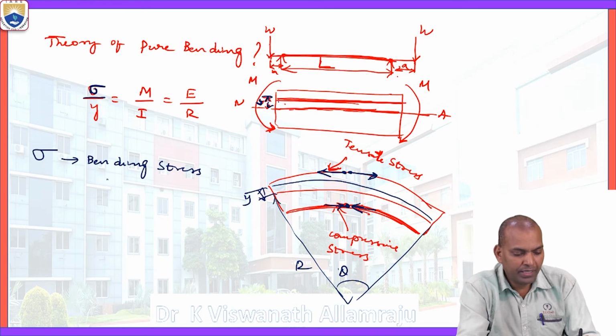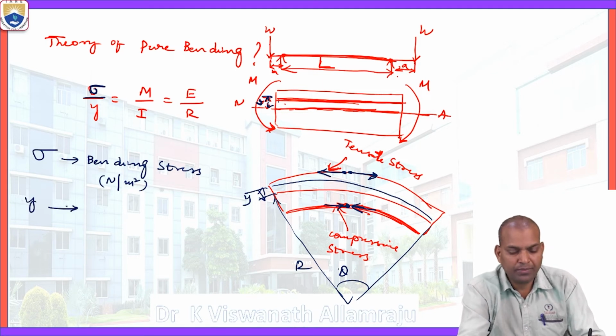The unit for bending stress is Newton per meter square. And y is the distance from neutral axis to the fiber.